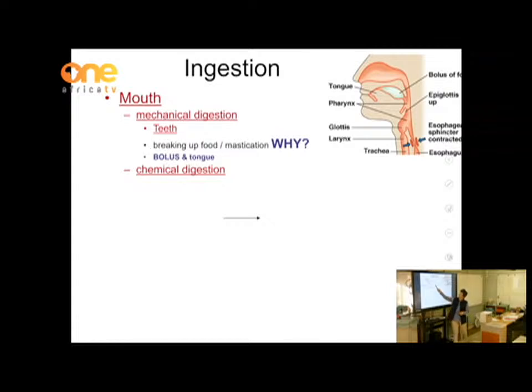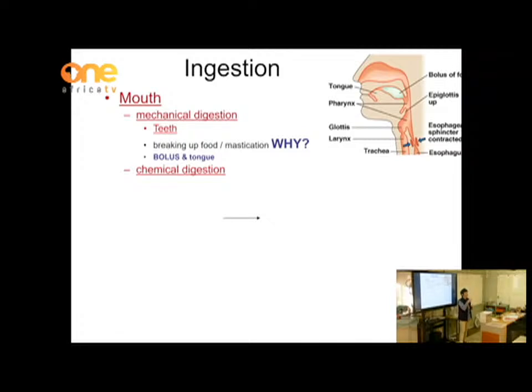The teeth will break it up, and while I am chewing it, I have a new word there, mastication. Mastication is the mixing of the food with the saliva. Why? I need the food to be moist, otherwise I can't swallow it.